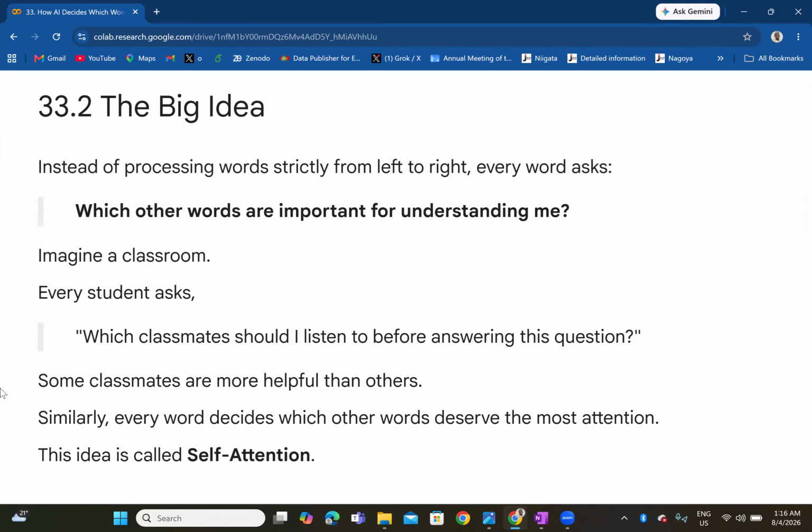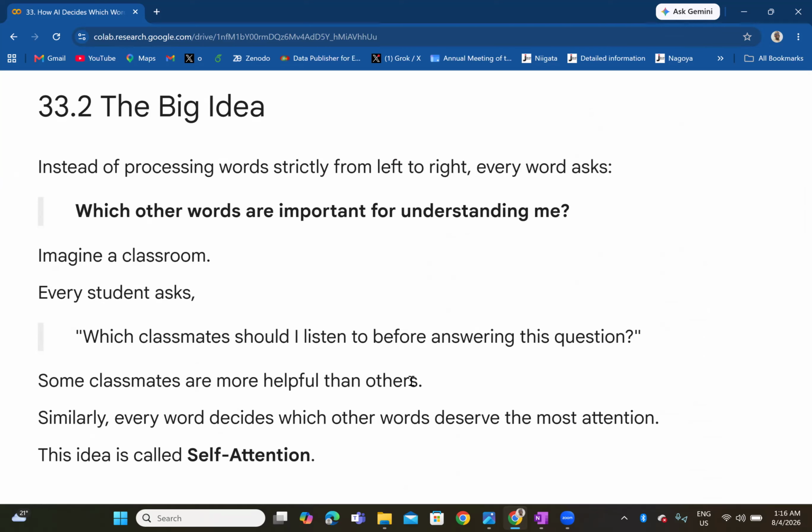Okay, so the big idea here is that instead of processing words strictly from left to right, every word asks which other words are important for understanding me. So imagine a classroom. Every student asks, which classmate should I listen to before answering this question? Some classmates are more helpful than others for sure.